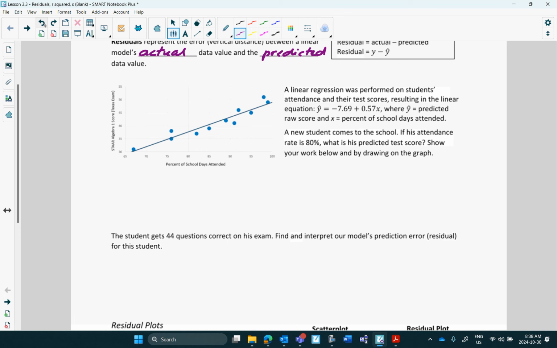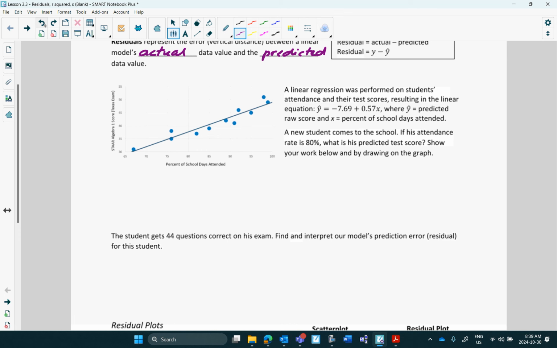From those we put them on a scatter plot, and we were able to determine a least squares regression line with the equation predicted value equals negative 7.69, which is the y-intercept, plus 0.57x. 0.57 is the slope. Don't confuse slope with correlation. A 0.57 slope does not mean that the correlation coefficient is 0.57. They're two different things.